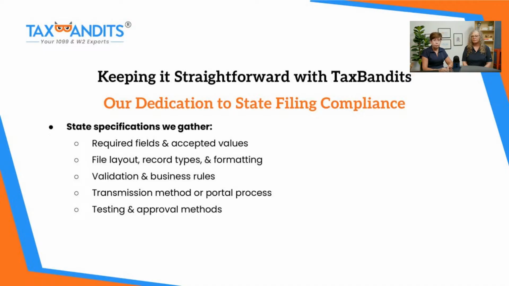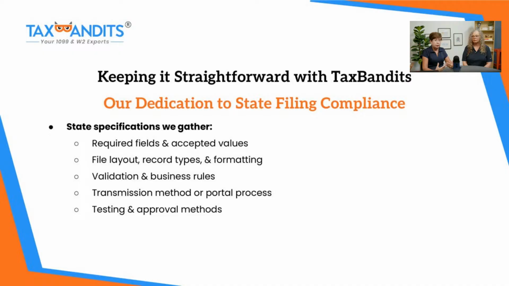When we transmit the information, each state has a particular way that they want that information sent. Once we have done all of our research and applied this to the TaxBandits application, it's in a testing environment, and it's tested by our developers, our tax specialist, and then even from the client perspective, we have our support team tested as well, because the support team knows more about what a client is going to ask, whereas the developer is going to know more about what the state is requiring.